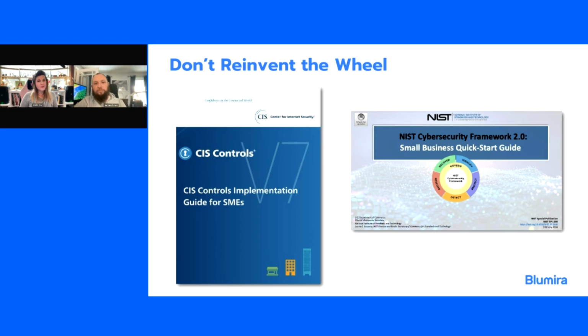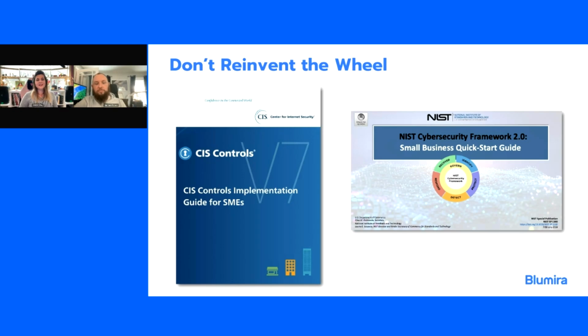They're also pretty beefy. The full version of the cybersecurity framework, I couldn't even give you a page count on it because it's a mini site in NIST that takes you to the different stages and sections. However, both of these frameworks have a great quick start guide. NIST calls it a small business quick start guide.